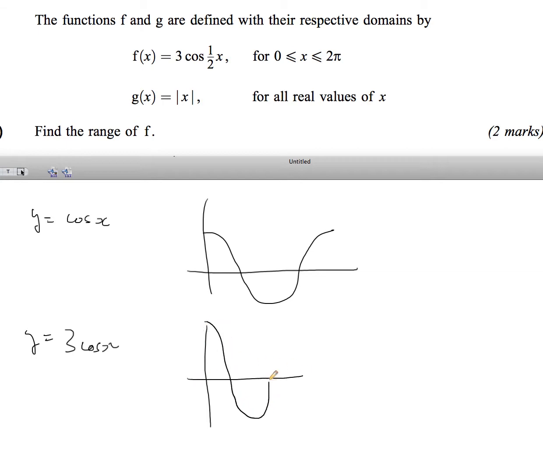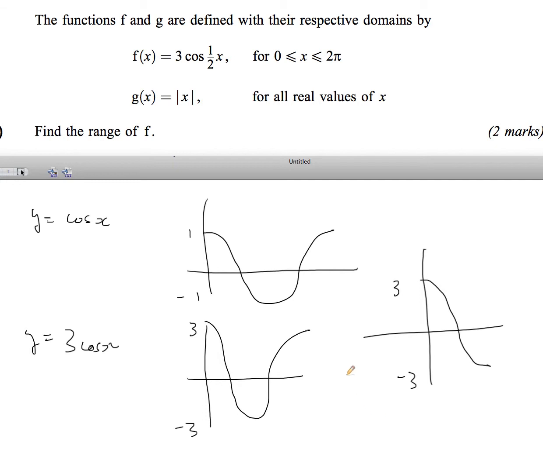So it goes down like that and like that. Now in this case this is 1 and this is minus 1. When it's a 3 in front, this becomes a 3 and this becomes a minus 3. Now the x over the 2 has the effect of just doing the first part of the graph, so it looks like that, where this will be 3 and this will be minus 3.